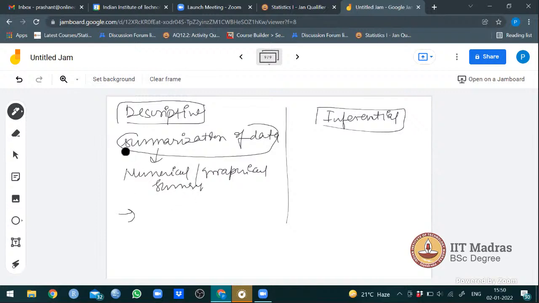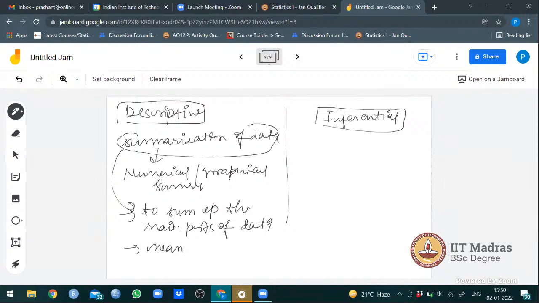And in summarization, you sum up the main points of the data. Main points of data means you are calculating the mean, mode, or median.